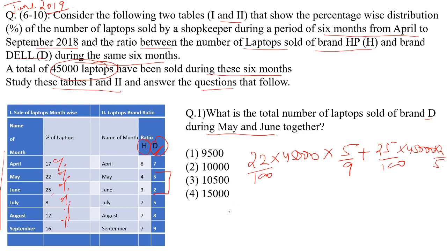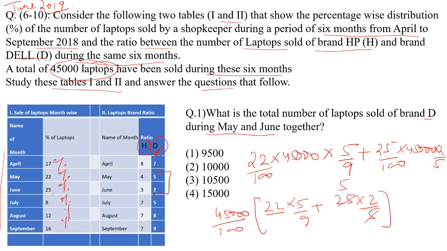So you take out the common 45,000 upon 100, and in the bracket it will be 22 into 5 by 9 plus 25 into 2 by 5. When you solve it, it is very clear, you can check it, it will be 10,000. So option number 2 is correct.